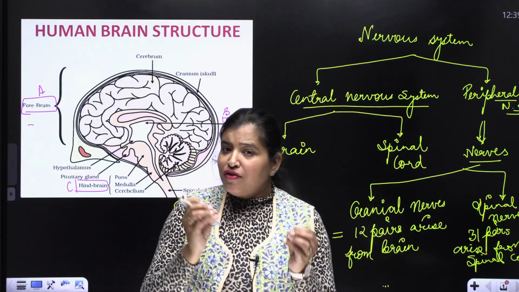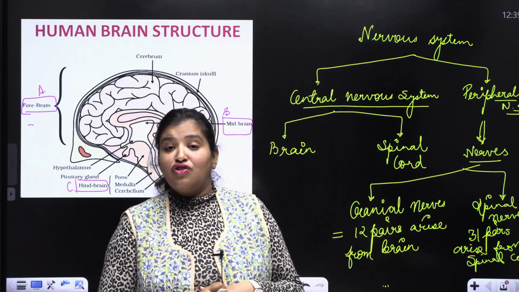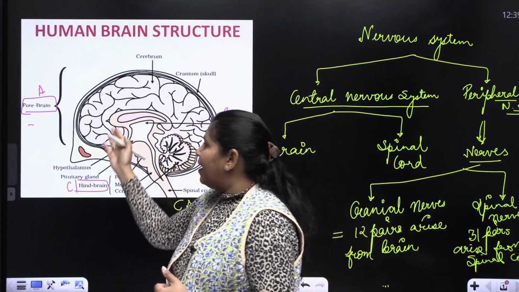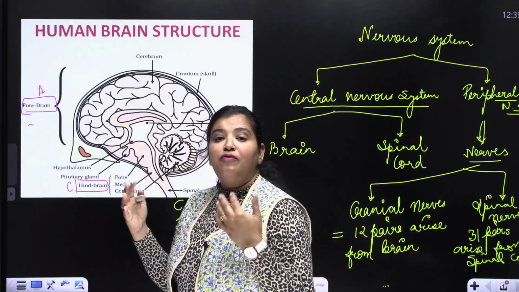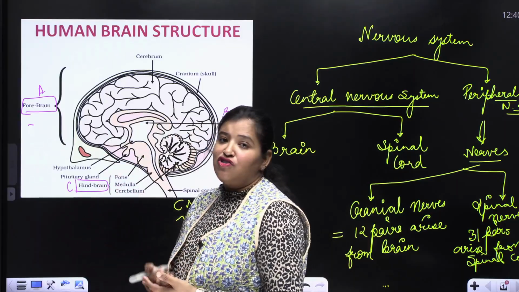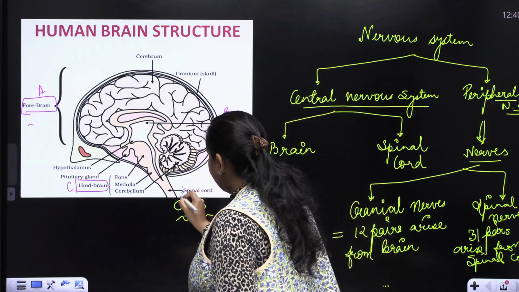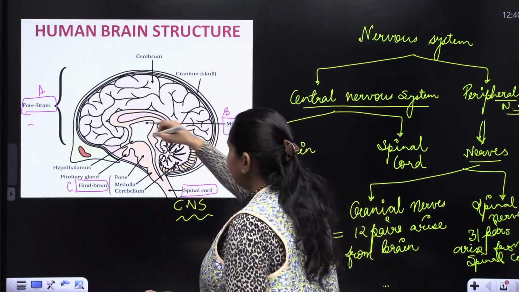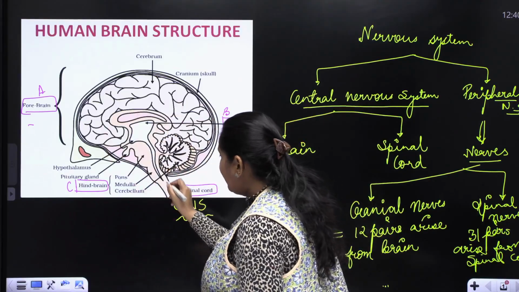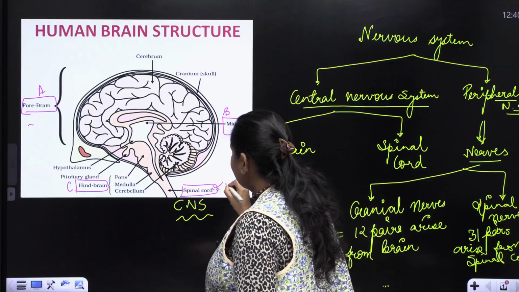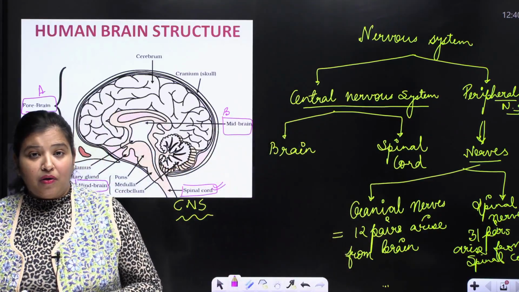Different parts have different functions, so that the body can perform proper functioning. The last part is called the spinal cord. That means the forebrain, midbrain and hindbrain are the parts of the brain, and the brain continues into the second part of the central nervous system, which is the spinal cord.